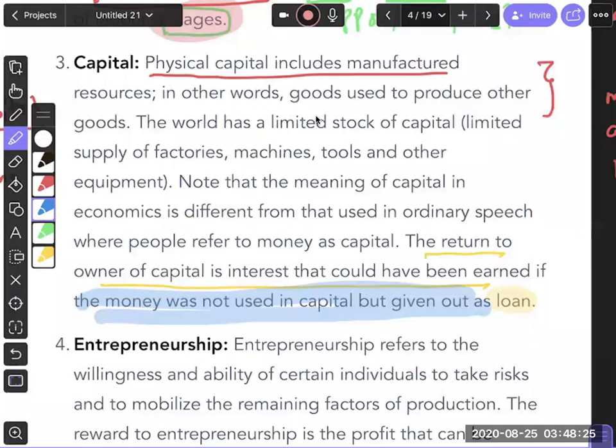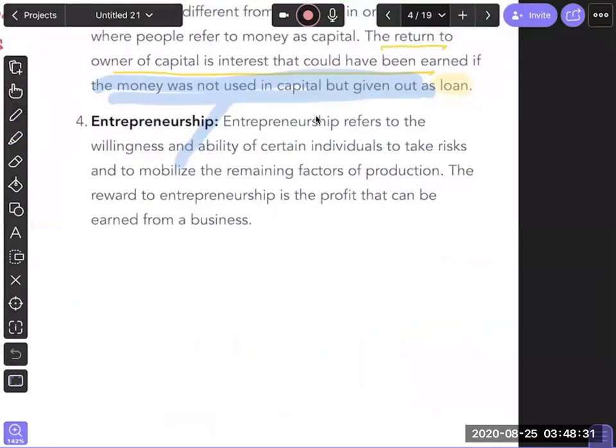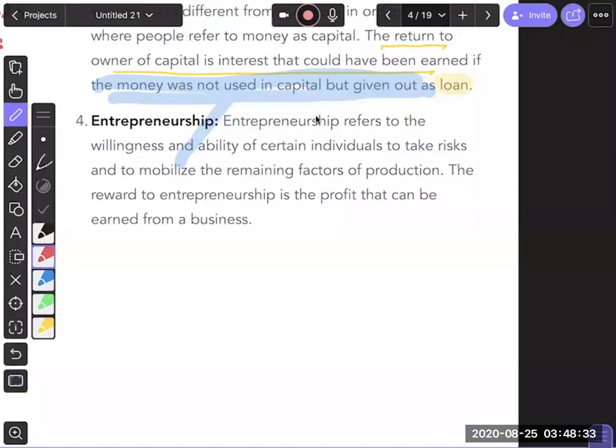Okay, now comes entrepreneurship or enterprise. Enterprise has two aspects to it. The entrepreneur is doing two things for us. Number one, he is organizing factors of production.